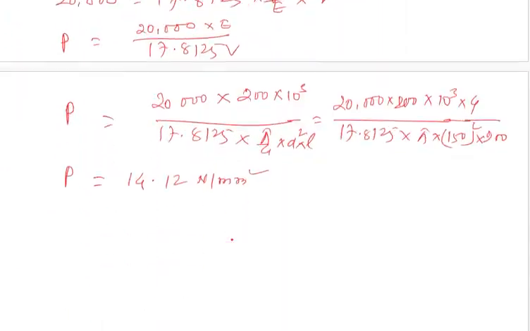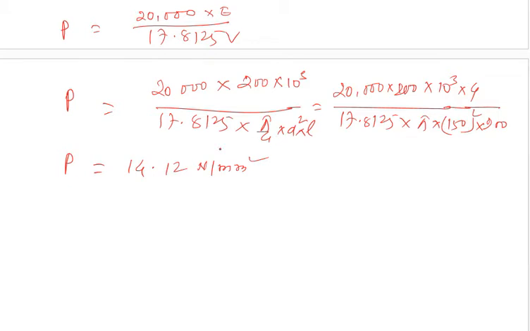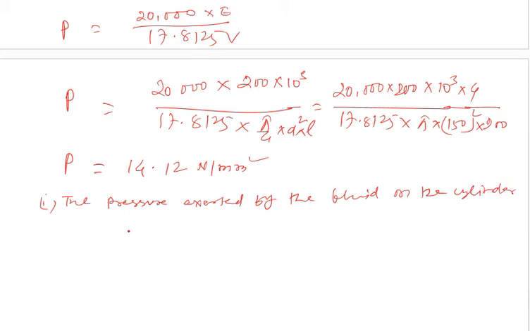So this is the pressure exerted by the fluid on the cylinder is P is equal to 14.12 Newton per mm square. So one part is solved.